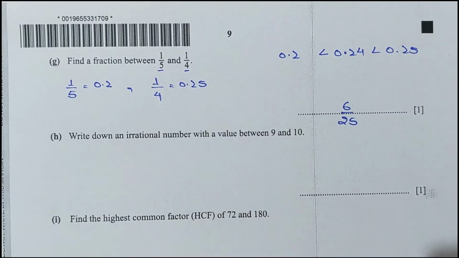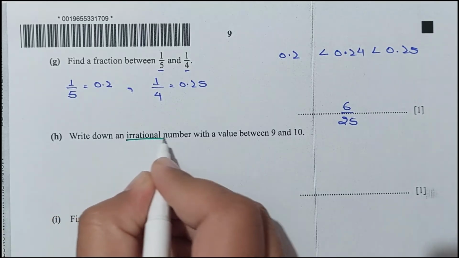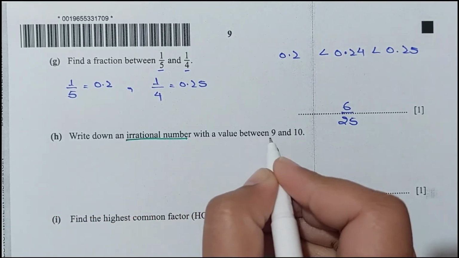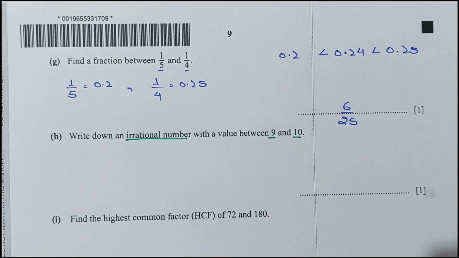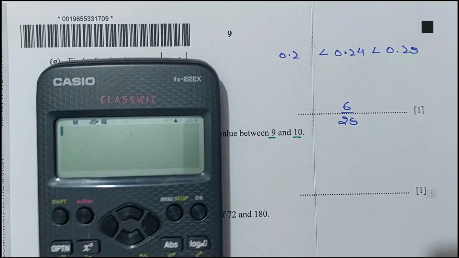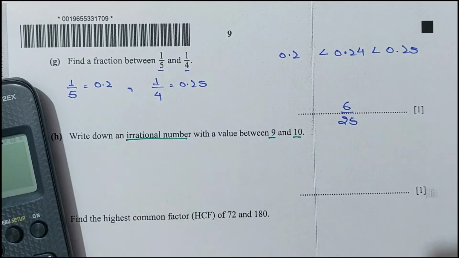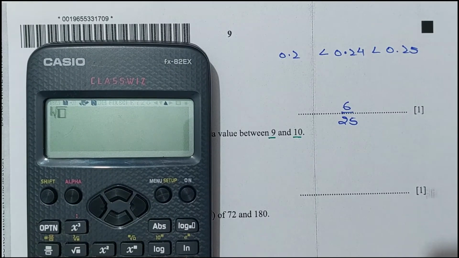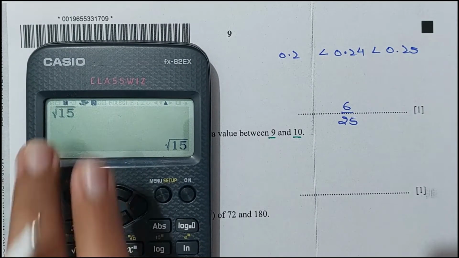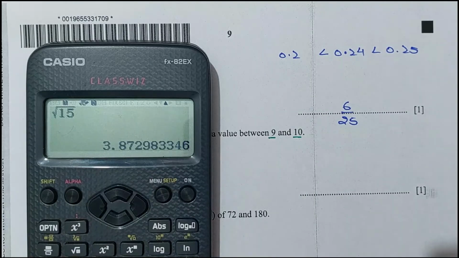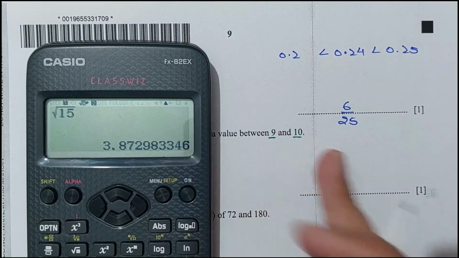Now for part H, write down an irrational number with a value between 9 and 10. An irrational number is a square root number, keep in mind. If I take root 15, this is an irrational number, but it is 3.8, not between 9 and 10.